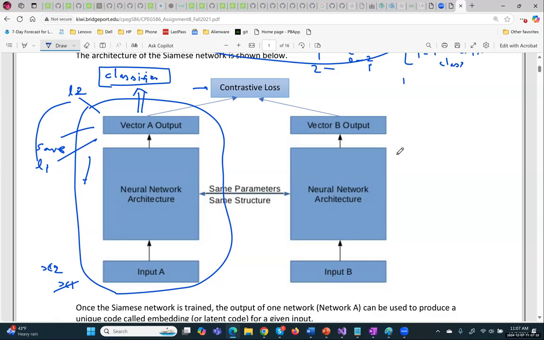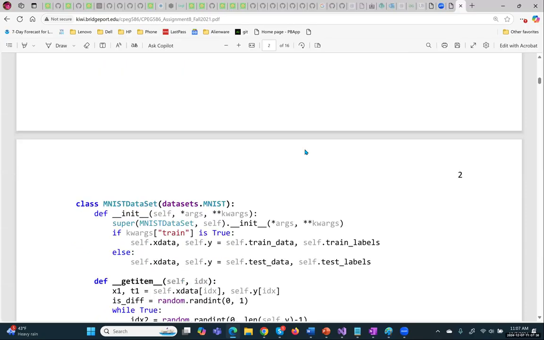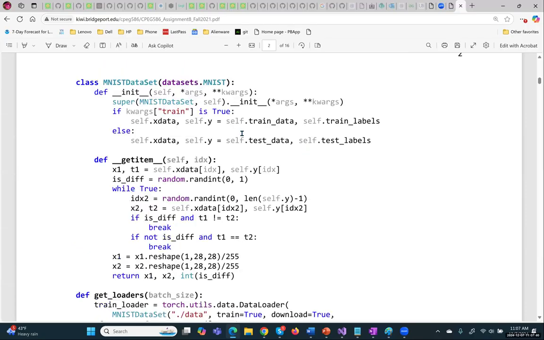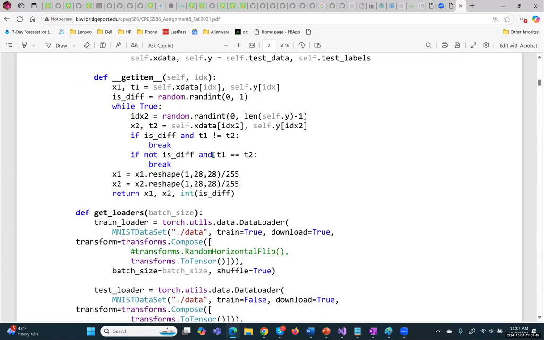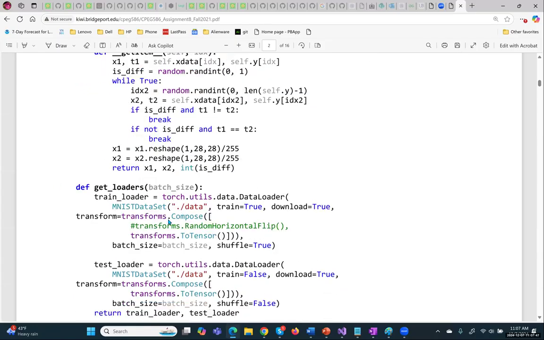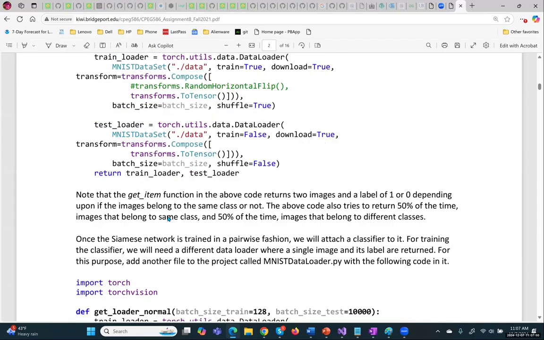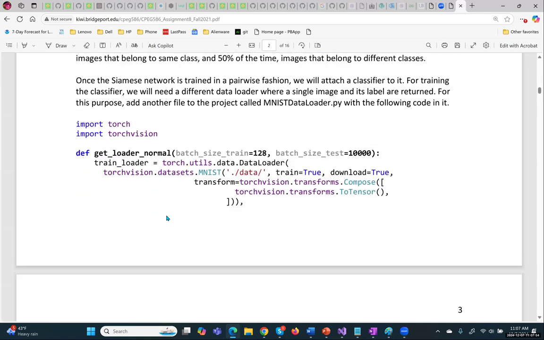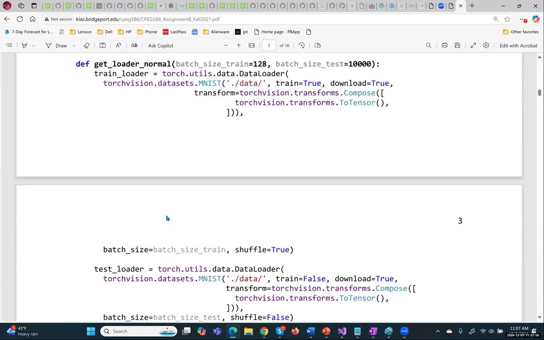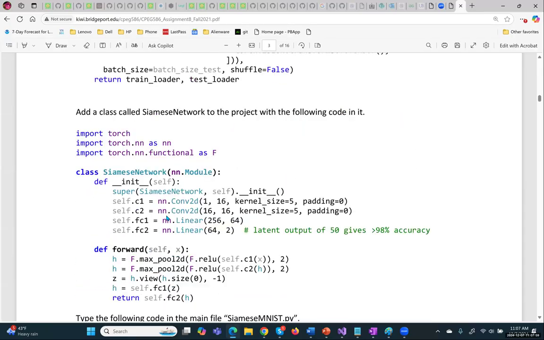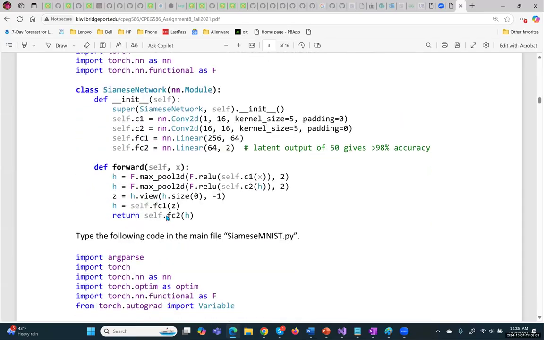So that's how I show you in the assignment. And the other interesting thing, from a data loaders, data sets point of view, if you take a look at the get loaders function, it has to return now 2 images. Which one is this? Assignment A. Okay.